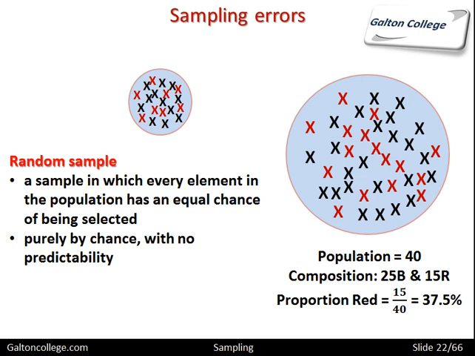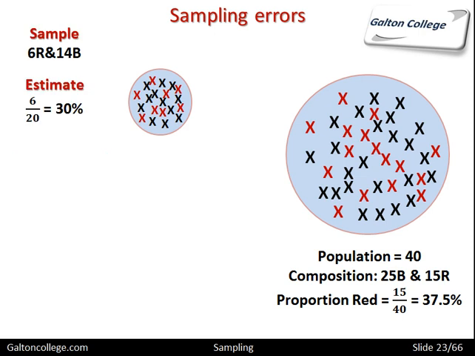Now let's see how it would work. Well, let's say we took out a sample and we picked out 6 red and 14 black. So we've picked out 20, 6 and 14. 6 red over 20 is 30% red. Now please note here, we know the true value because this is like an experiment.